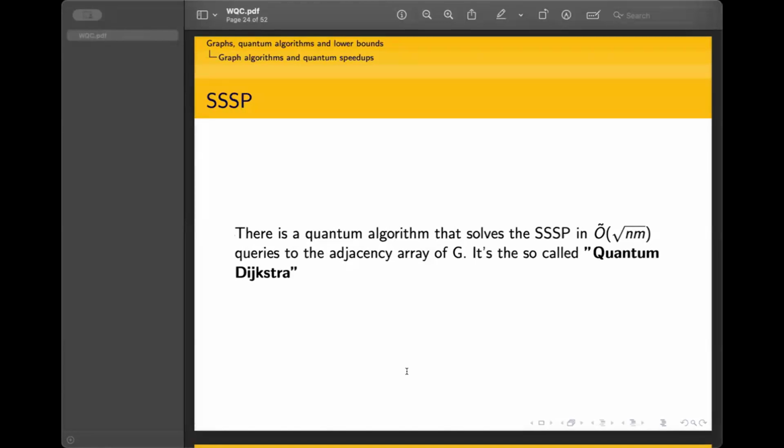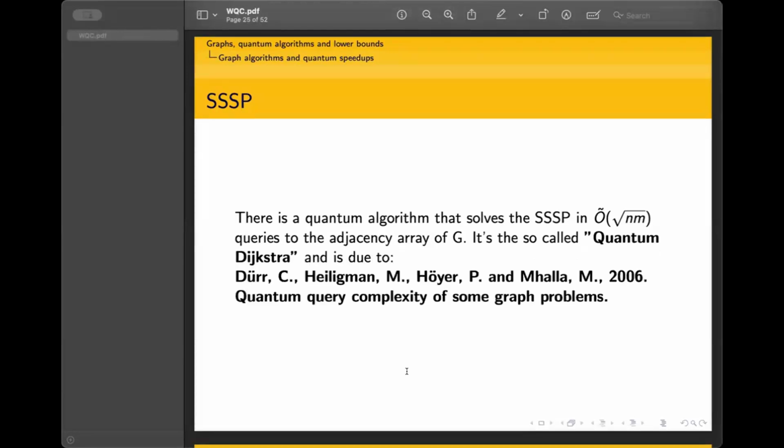So this is slightly better than classically. Again, this is a reference to this very good paper. And this is believed to be optimal. So the claim is that you cannot really solve SSSP faster than square root nm.